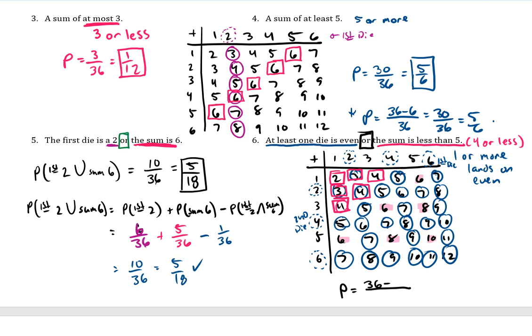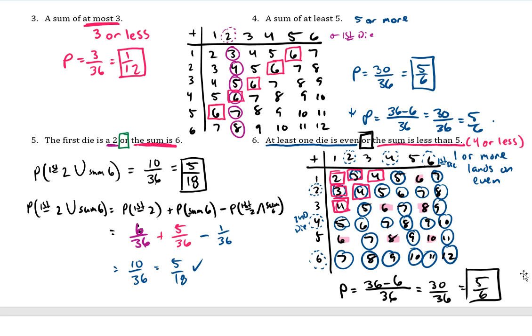There's 1, 2, 3, 4, 5, 6 that have not been marked. So it's 30 divided by 36, which reduces to 5/6. Just like that. With or, it's anything that is marked, still counted only once, even if it's marked twice. So that's one way to do it. Or you could have used the union rule, which would have worked as well.